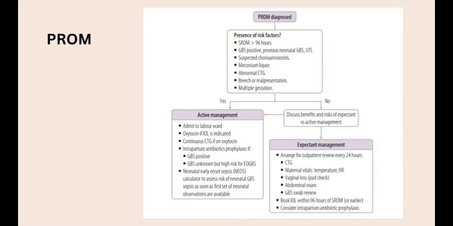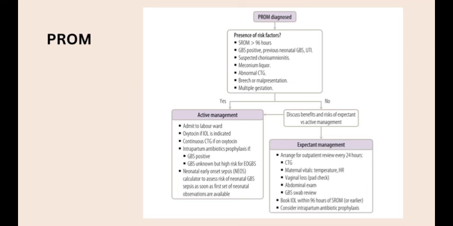That really comes down to a discussion about the benefits and risks of active management with an induction of labor compared to expectant management, where the patient waits until they start labor.